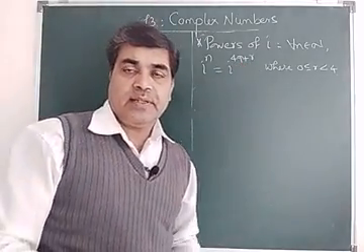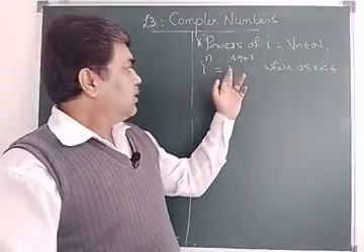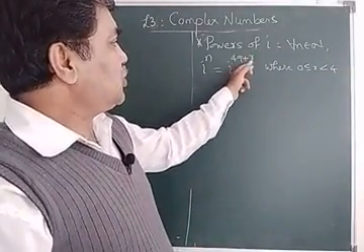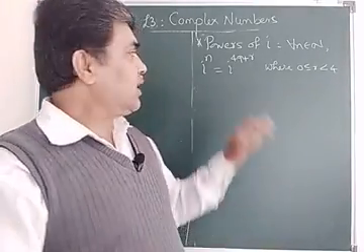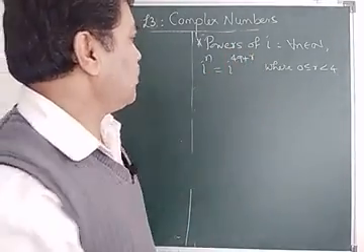Then you write dividend is equal to divisor into quotient plus remainder form. Just I am writing n equal to 4q plus r form.